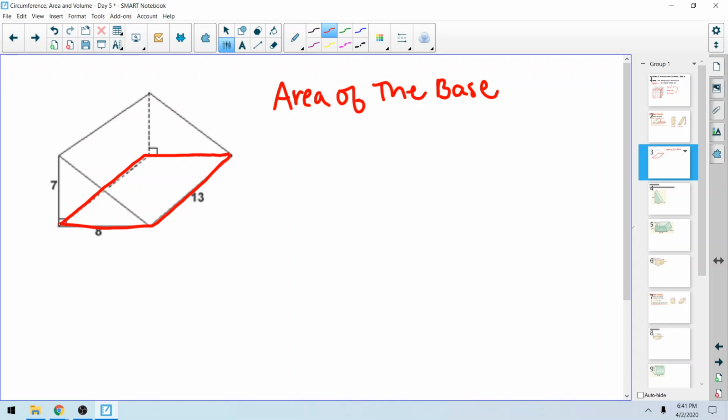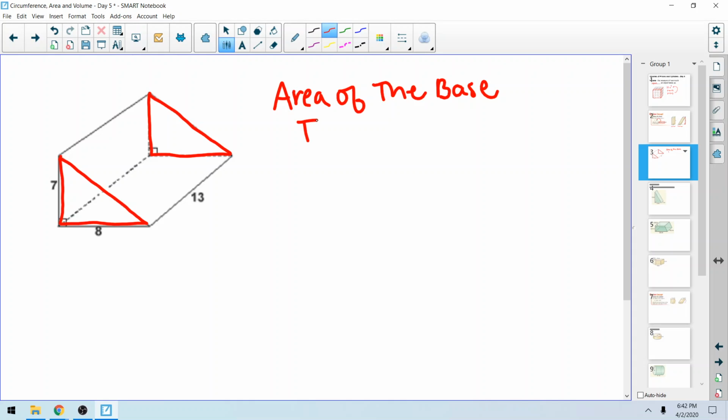We briefly discussed this in day 4, where the base of a prism has to be the 2 sides that are exactly the same. It doesn't necessarily have to be sitting on its base. So I'm going to get rid of this because that's not the base. The base here is actually one of these guys, because it's the same there and it's the same there. He's not sitting on his base, but that's the base.